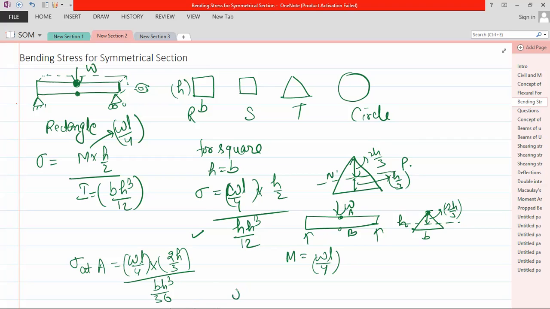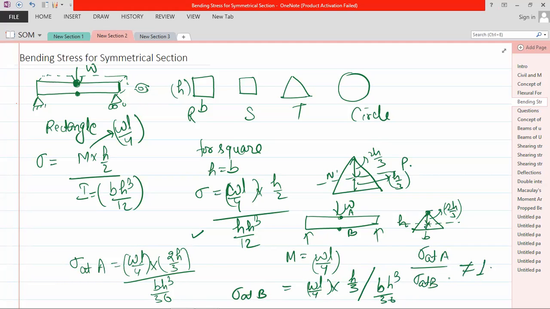Now sigma at B, what is the bending stress? It is WL by 4 into, now the value of the bottom fiber is h by 3, divided by BH cube by 36. So you can see that sigma at A divided by sigma at B is not equal to 1 in this case.